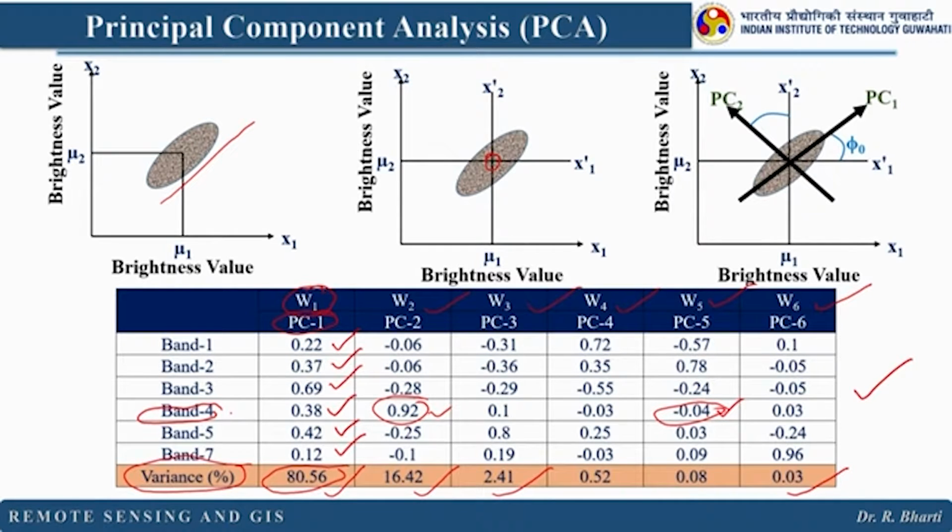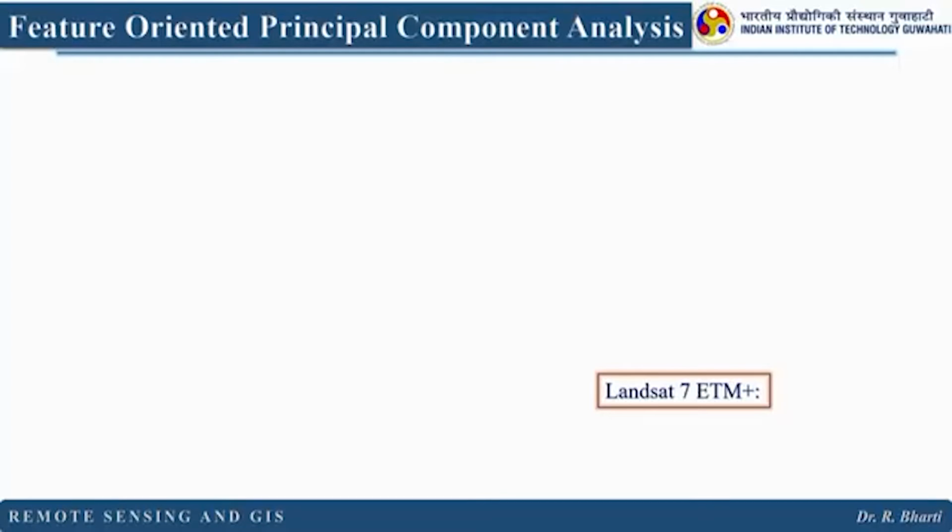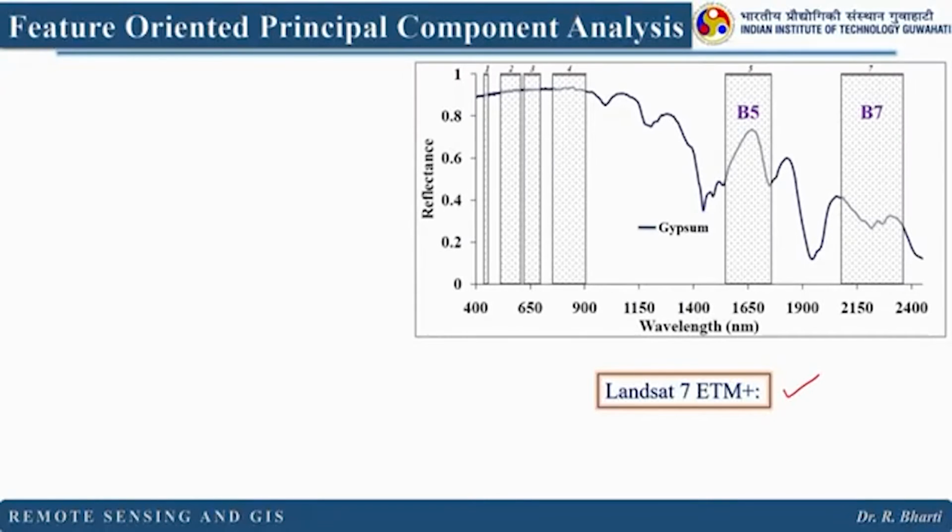whether it has some contrast or not. So here in feature oriented principal component analysis, you can see I have taken the Landsat 7 ETM plus data, and this is the wavelength and band distribution in the 0.4 to 2.5 micrometer range. Here I have highlighted band 5 and band 7, and these are the other bands.